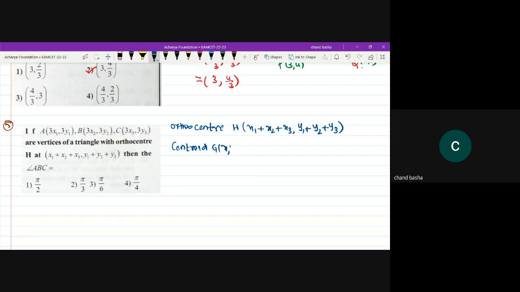G(x, y) is equal to, you know the formula, 3 times x1 plus 3 times x2 plus 3 times x3 divided by 3, that is x1 plus x2 plus x3 by 3. Next, 3y1 plus 3y2 plus 3y3 divided by 3. So this is equal to x1 plus x2 plus x3 and y1 plus y2 plus y3.